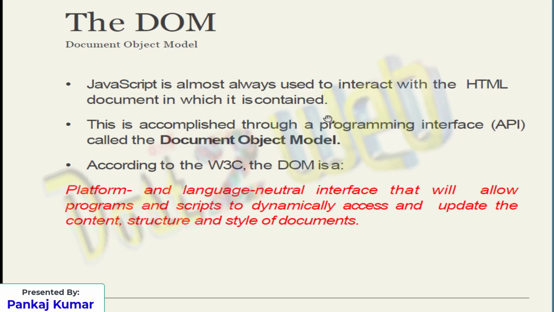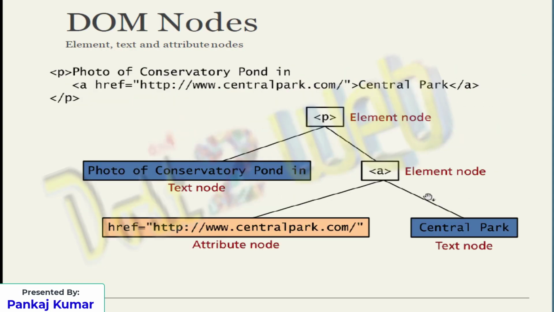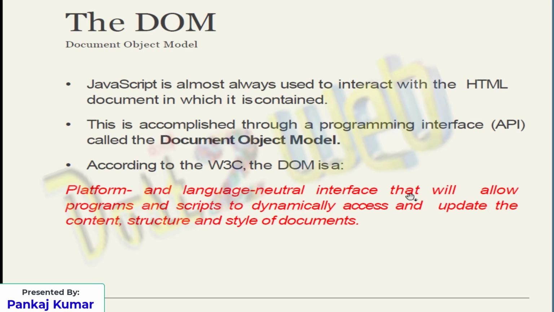According to the W3C, as we have discussed earlier, the World Wide Web Consortium, they have defined the DOM as the platform and language neutral interface that will allow programs and scripts to dynamically access and update the content, structure, and style of the document.